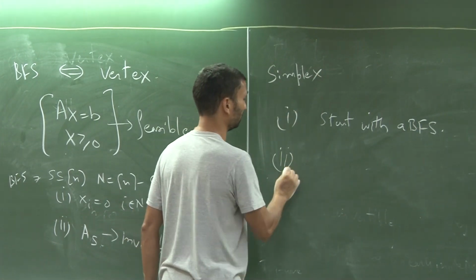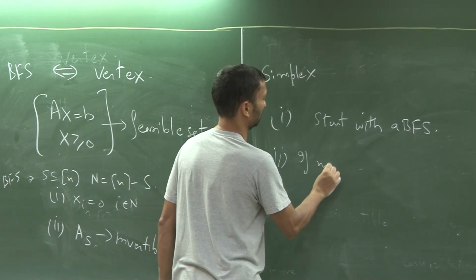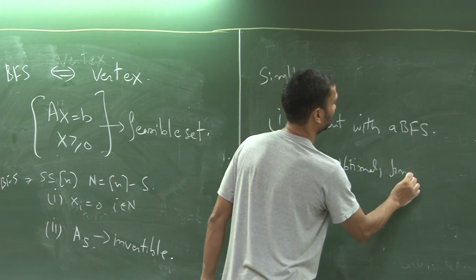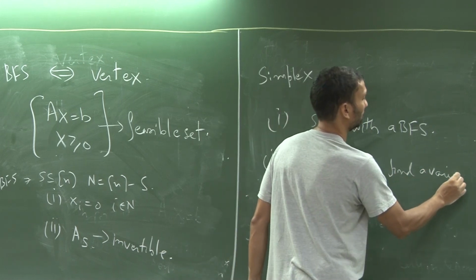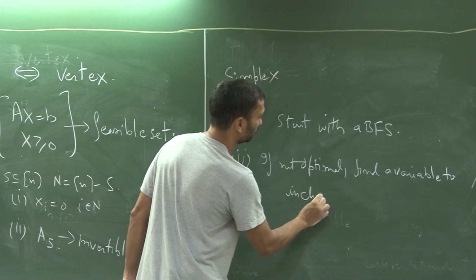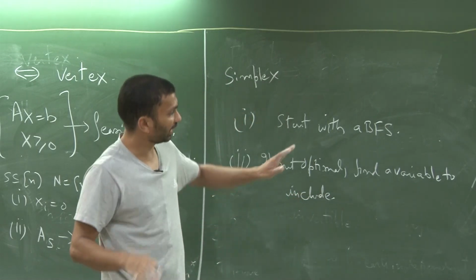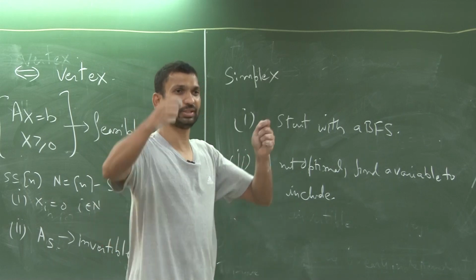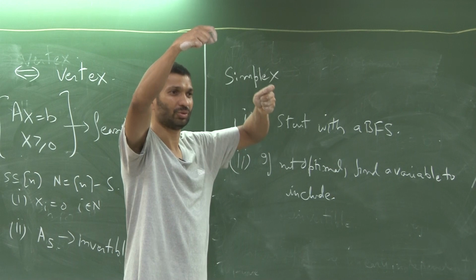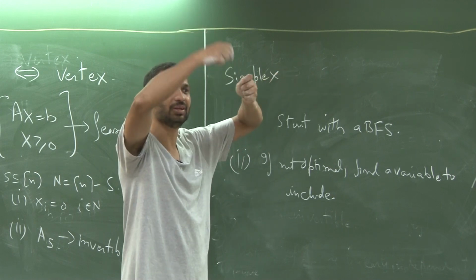But then, if not optimal, find a variable to include. And I haven't shown it, but you can show that if two vertices are connected by an edge, only one variable is going to be replaced.